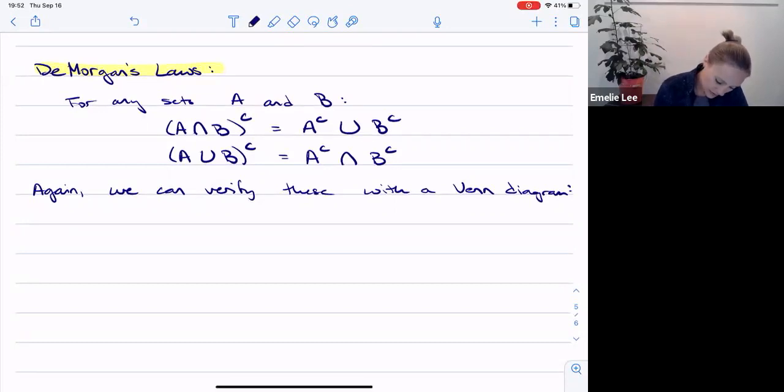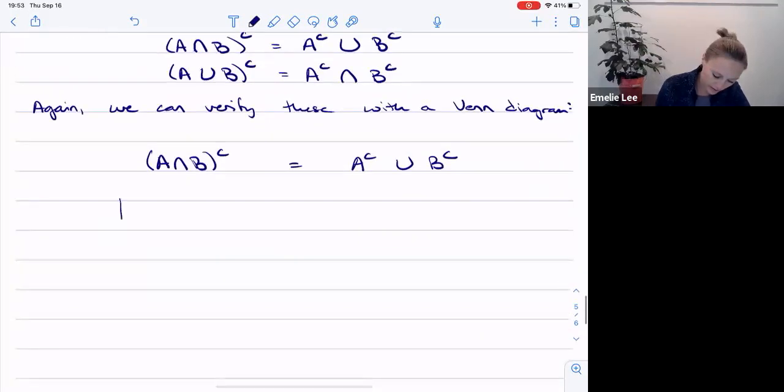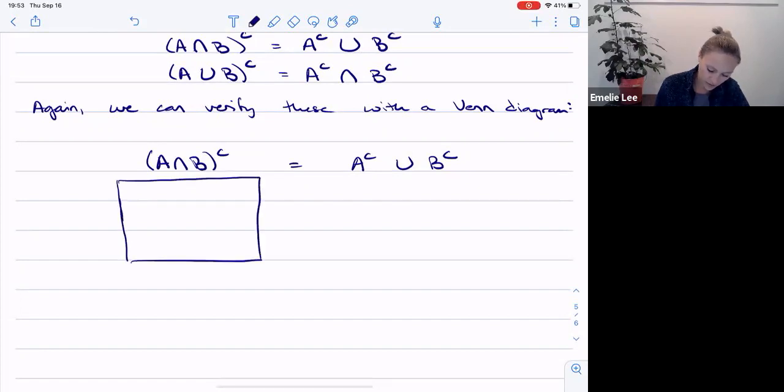Let's see here. So I've got A and B, and I'm just going to do the first one, which is equal to the complement of A or the complement of B. I have a feeling this one's going to get a little bit messier than the one before, but that's okay.